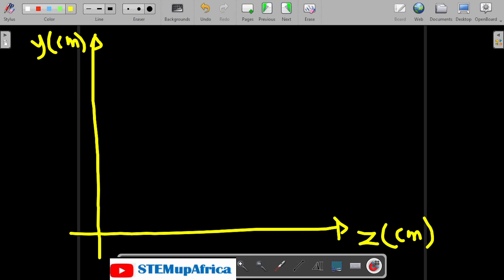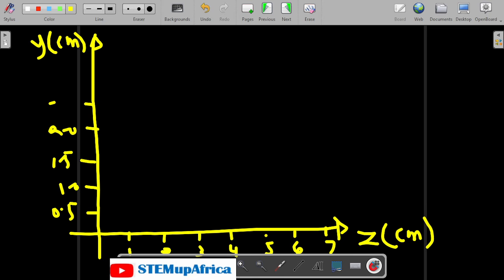So for every 2 cm, I'll put 1. Here is now 1, 2, 3, 4, 5, 6, and 7. For every 2 cm on the vertical, put 0.5, and here becomes 1.5, 2.0, 2.5, 3.0, 3.5, 4.0, then down to 4.5.